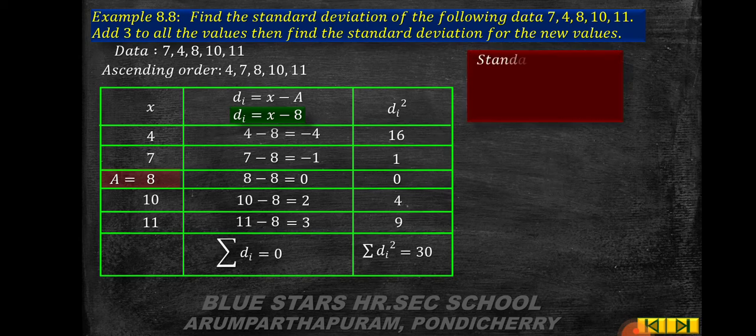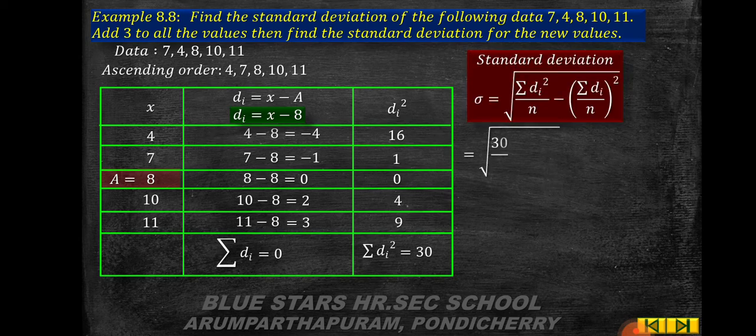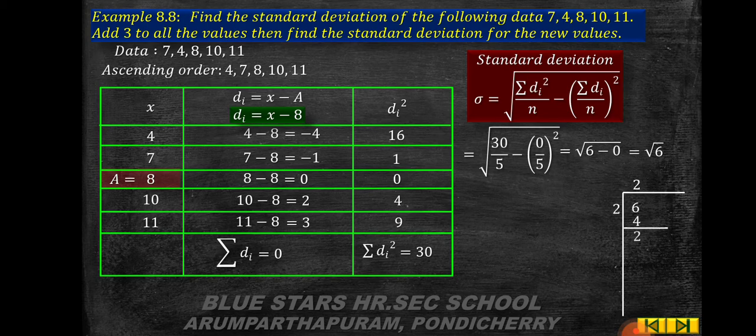So now you find the standard deviation. Sigma is equal to root of [summation di square by n minus (summation di by n) the whole square], which is equal to root of [30 by 5 minus (0 by 5) the whole square]. So root of 6. Root 6: 2 2s are 4, the remainder is 2. 2 should be multiplied by 2, you get 4.